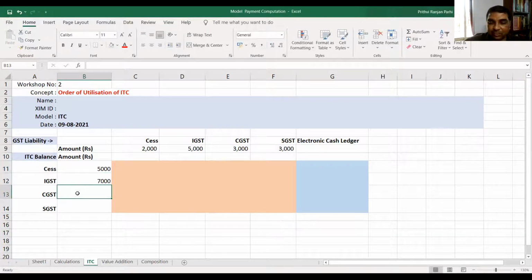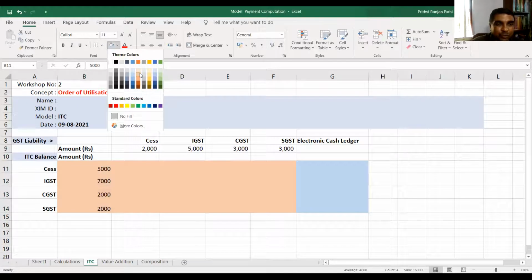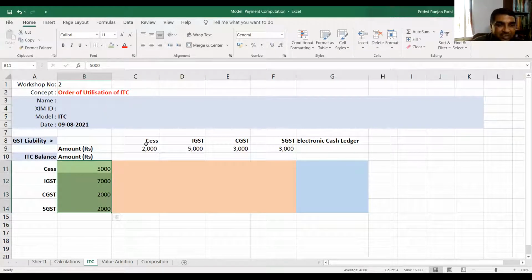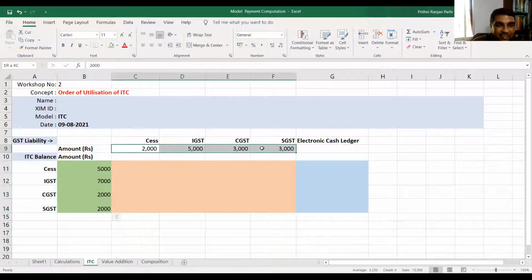CGST, let us say, 2,000 rupees, and here also 2,000 rupees. Are you able to understand the situation now? What am I going to do? This is my ITC balance, and this is my liability.